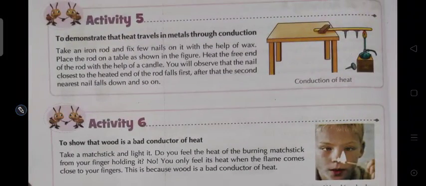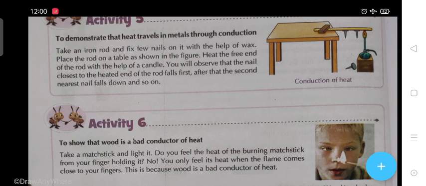Now there is an activity, students, to demonstrate that heat travels in metals through the conduction process. How does heat transfer in metals by the conduction method? Let's see. To demonstrate that heat travels in metals through conduction, take an iron rod and fix a few nails on it with the help of wax.